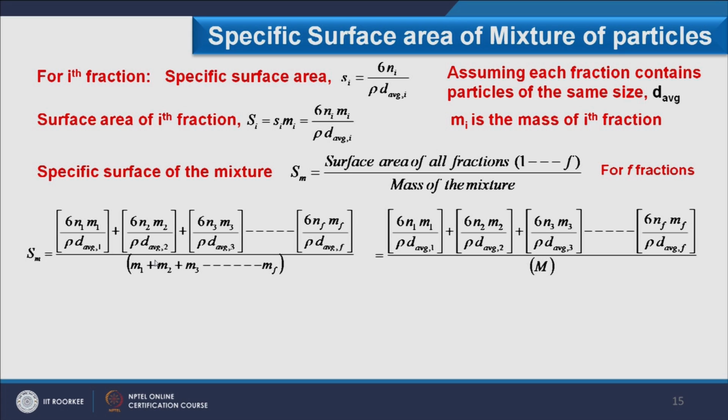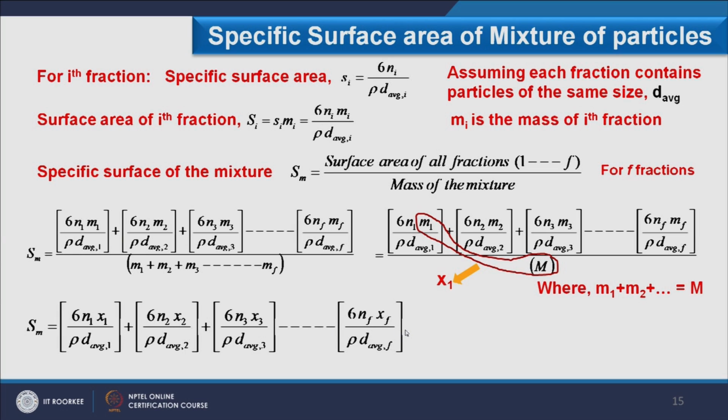So, this m1 to mf can be represented by capital M. Now, if I consider small m1 and capital M, that we can write as x1. So, finally, I am having this expression for f number of fractions.